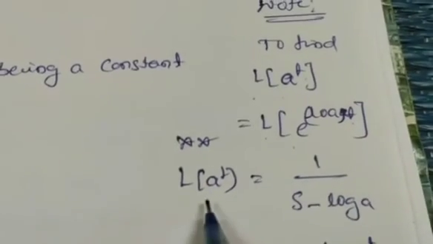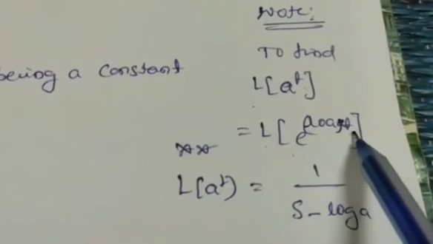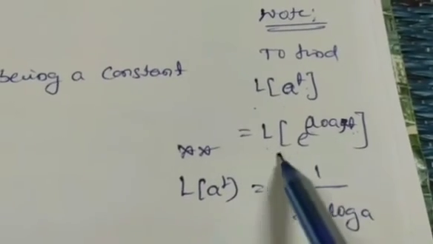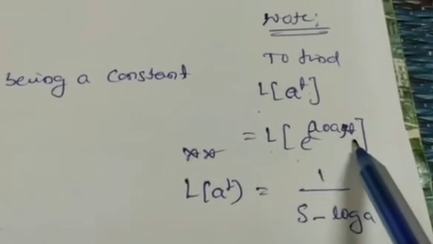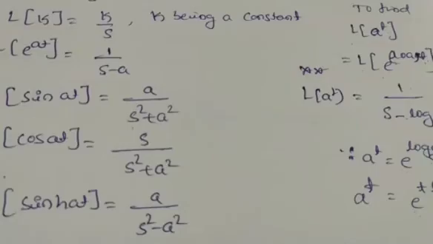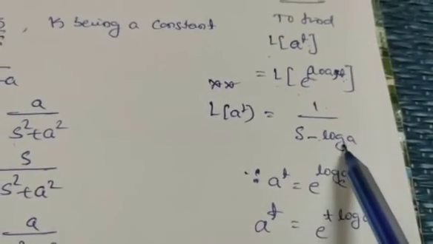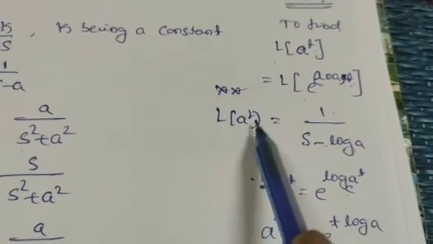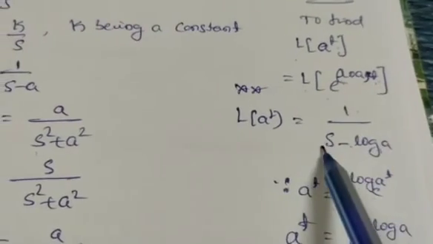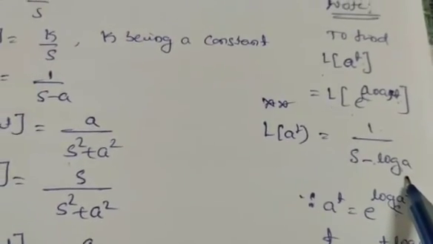It is in the form of e raised to a t, and the Laplace transform of e raised to a t is 1 divided by s minus a. In place of a, we have here log a. Therefore, the Laplace transform of a raised to t is equal to 1 divided by s minus log a. In this way, we can find the Laplace transform of a raised to t.